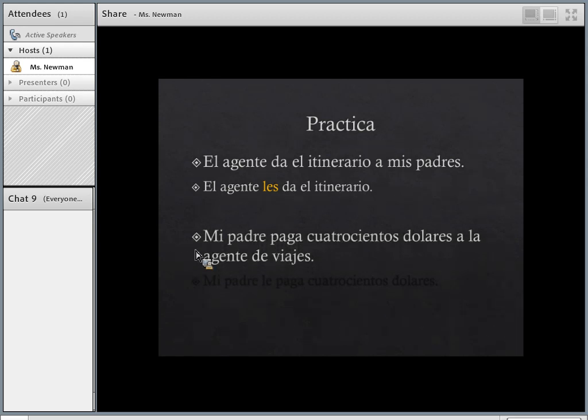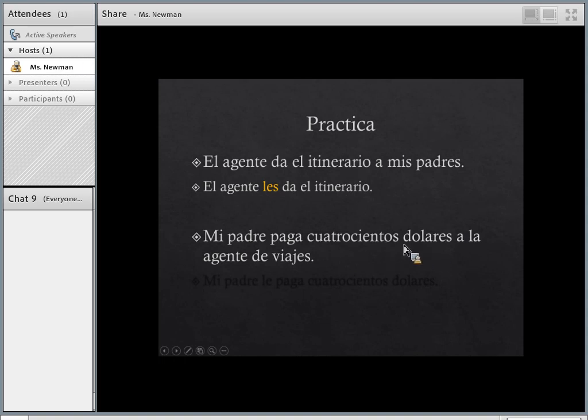Les refers to a mis padres. Okay, let's try another one. Mi padre paga $400 a la agente de viajes. Okay, so let's translate this. My father pays $400 to the travel agent. So to the travel agent is going to be that indirect object noun. That's who received the money. What was paid was the $400.